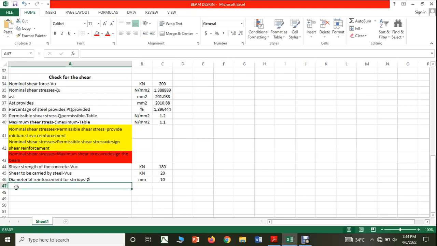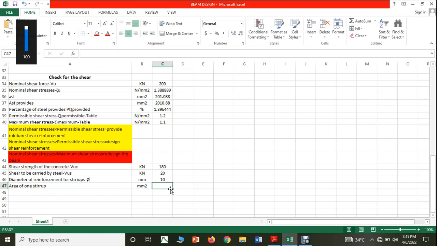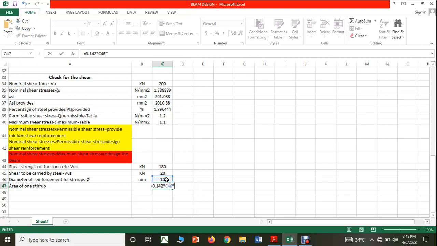Therefore the area of one stirrup, in mm square, will be equal to 3.142 into 10 into 10 by 4.